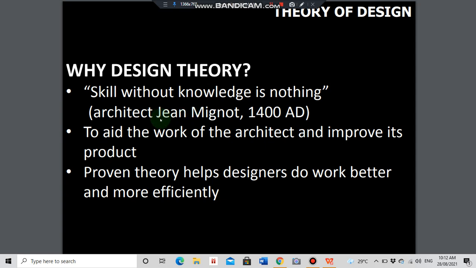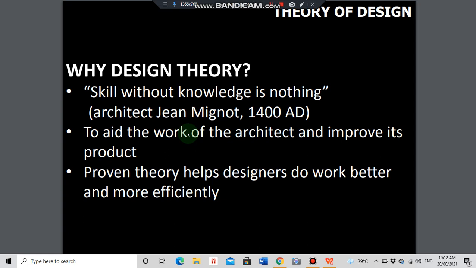And also, design theory is to aid the work of the architect and improve its product. To aid means to help or assist in the achievement of architectural design para mas lalong ma-improve yung produkto. Ano ba itong produkto? Of course, the man-made structure, which is the buildings, the houses, etc.